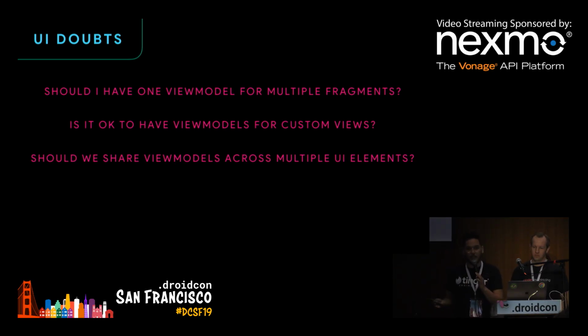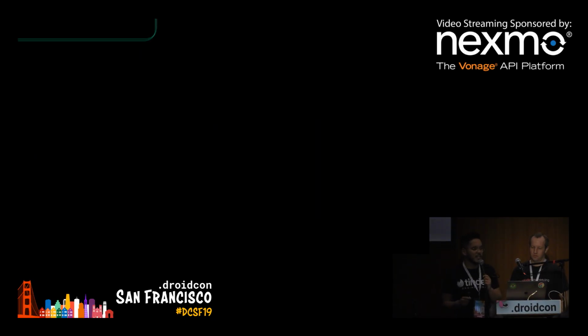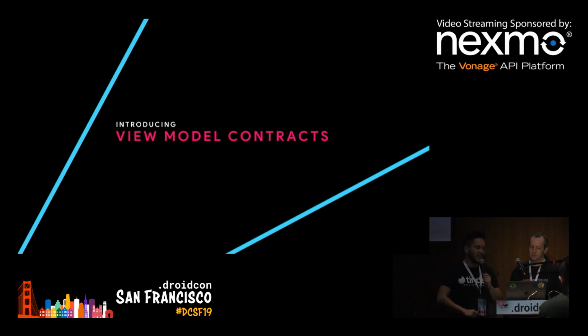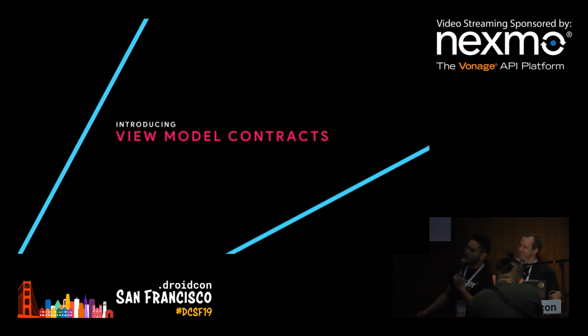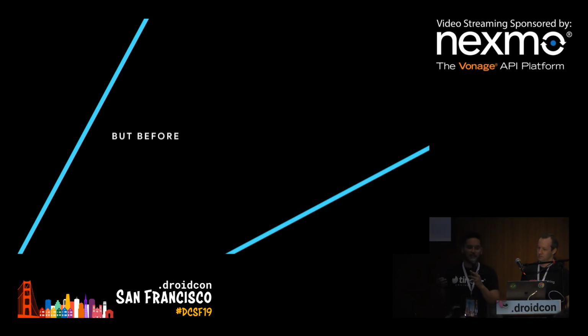Google recommends it, but is it really the best solution that we have out there? And that's why we're introducing ViewModel contracts, for lack of a better name. But before we go into the details and the nitty-gritty of how it works and what it's about, let's analyze a quick and simple problem that we usually have.